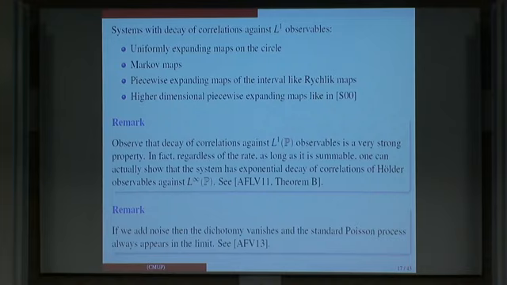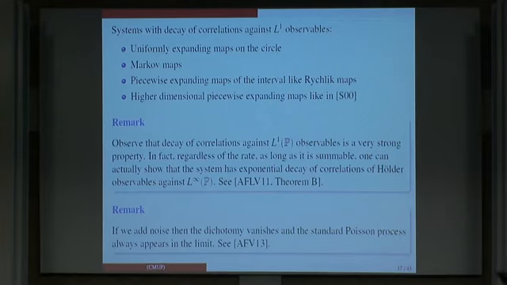In fact, in all these examples, the way I know that there is a decay of correlations against L1 is because someone proved a spectral gap for the Perron-Frobenius operator in the right function spaces. So one question is, what is stronger, this or the spectral gap?